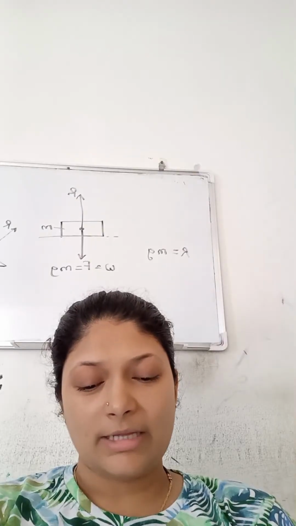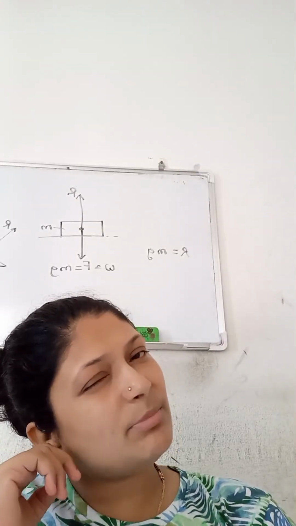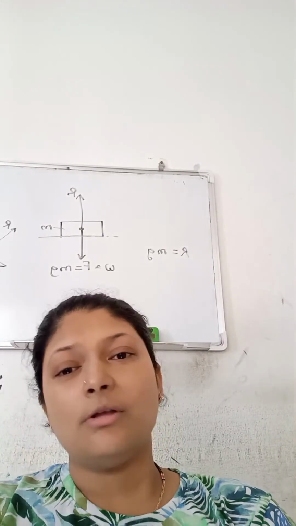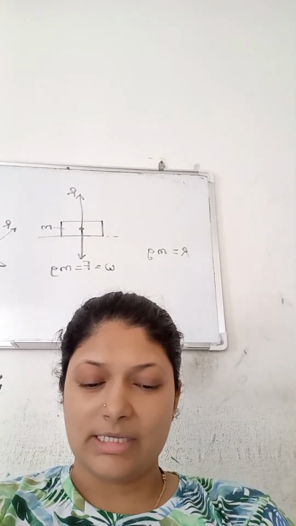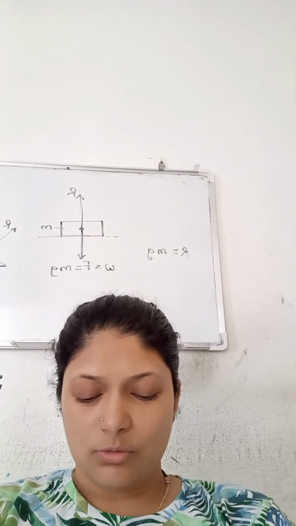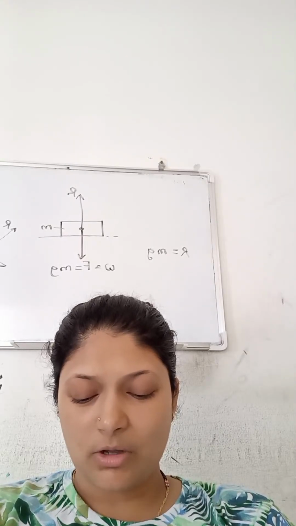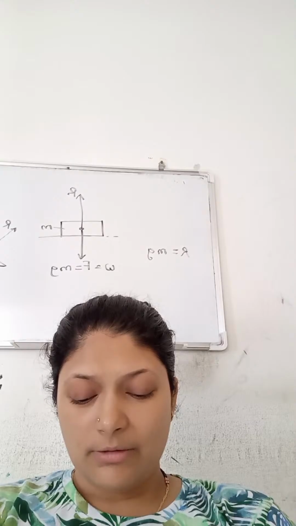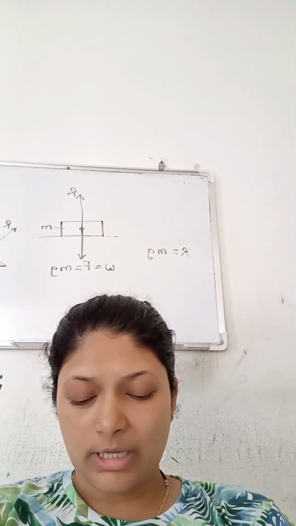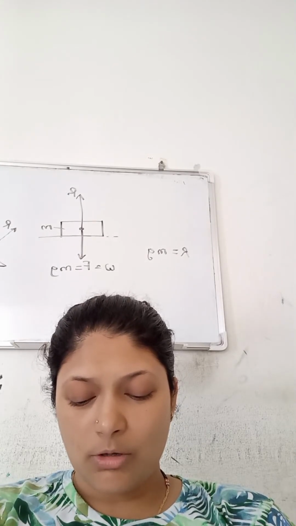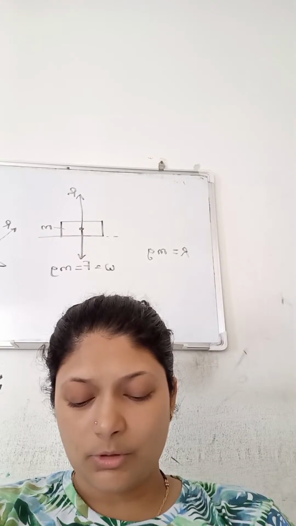So like that, this tug of war explains the effect of a force with the help of an example. Here they are saying, have you ever seen a game of tug of war in which two teams pull at a rope in opposite directions?